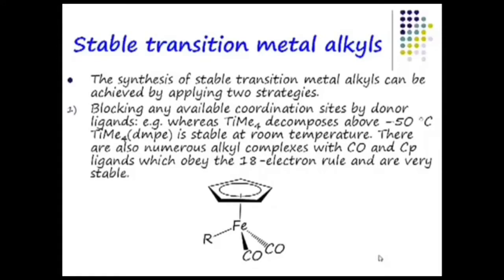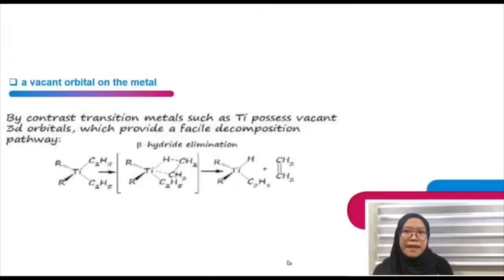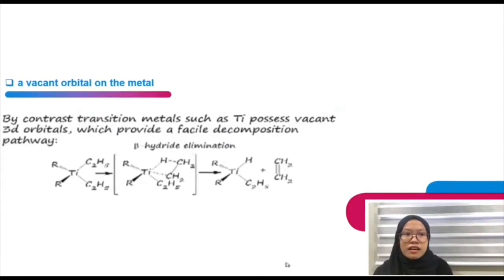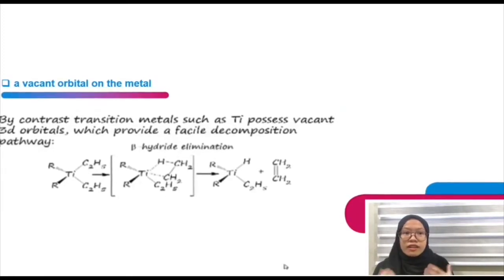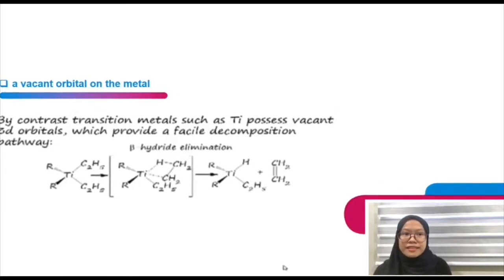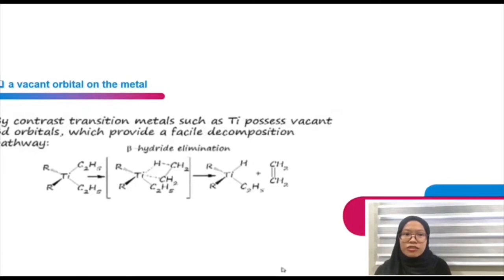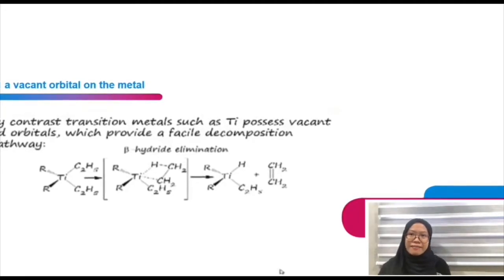So an 18 electron complex is perfectly stable. A vacant orbital on the metal is only available in transition metals, not main group metals, in which stable main group alkyls containing beta hydrogen, such as Grignard reagents, can be found.